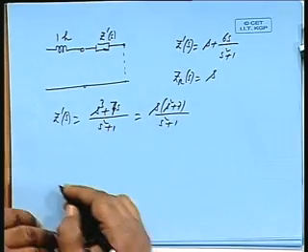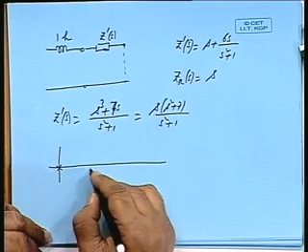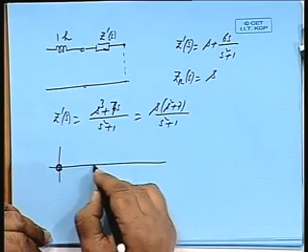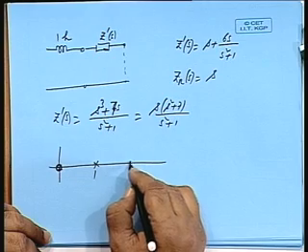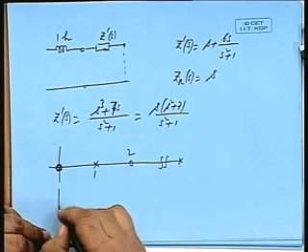Now, what will be the pole 0 location? Earlier it was a pole, a 0, a pole, a 0 and a pole. Now, I have weakened this.